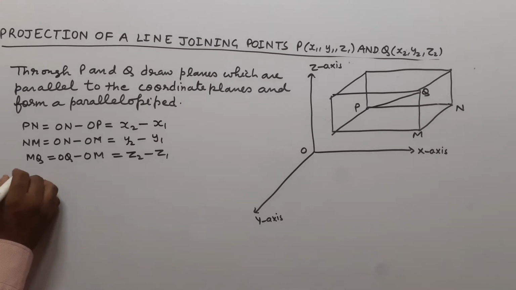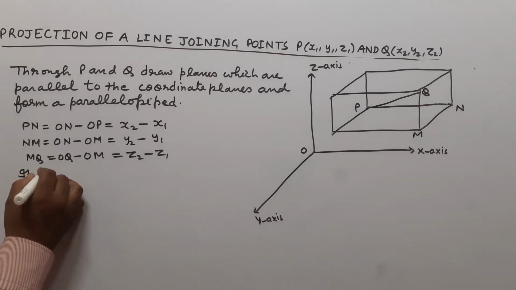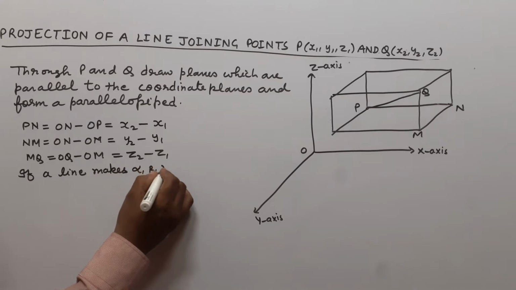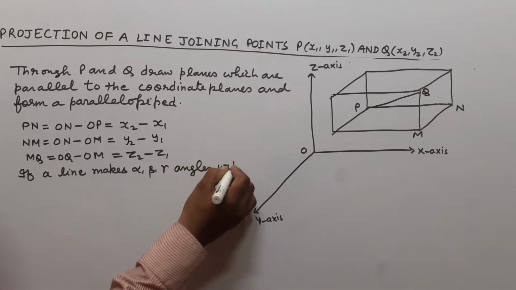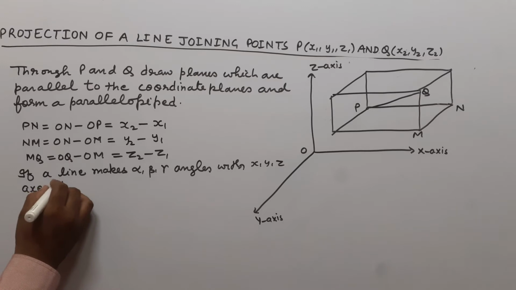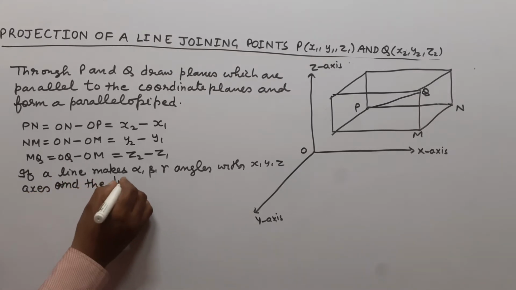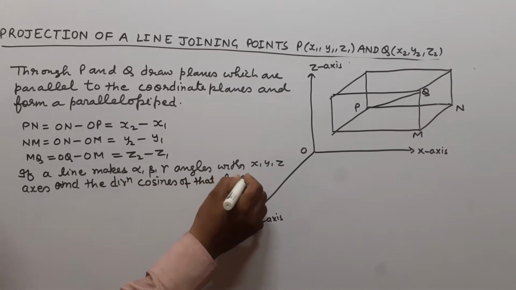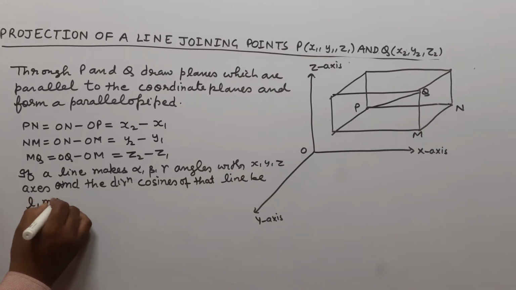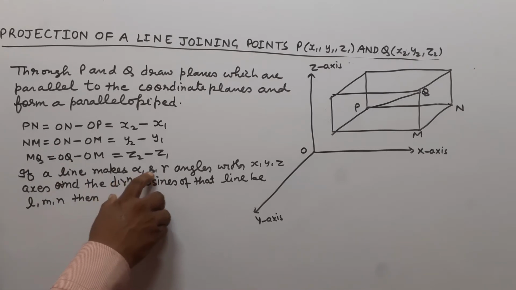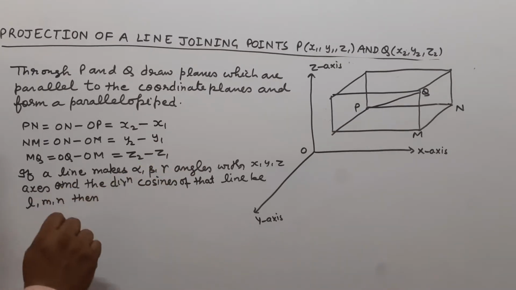Now let us suppose a line makes angles alpha, beta, gamma with the positive direction of the x, y, z axes, and the direction cosines of that line are l, m, n.